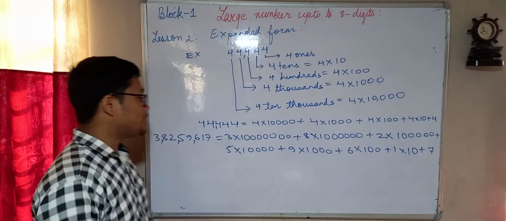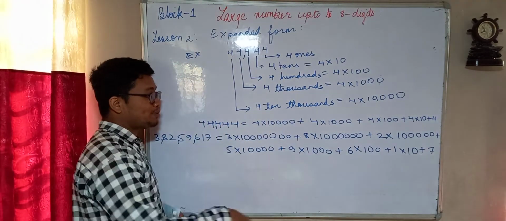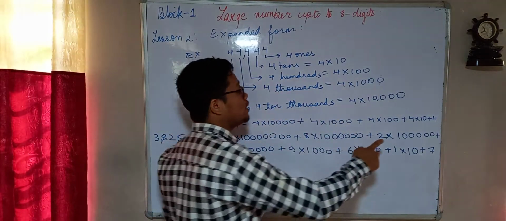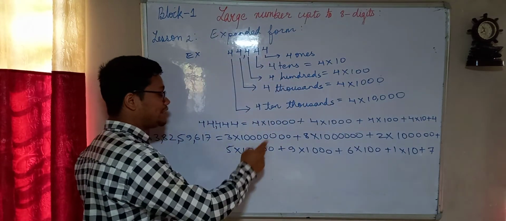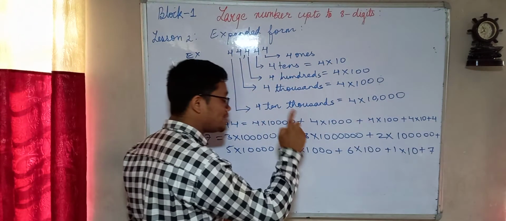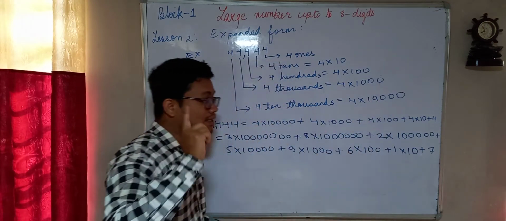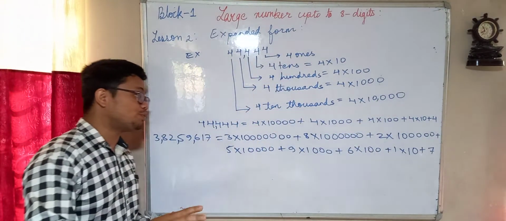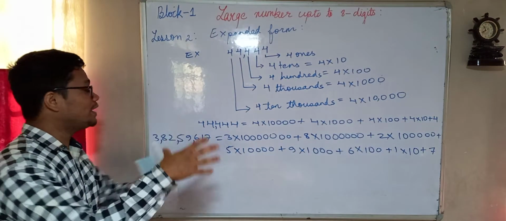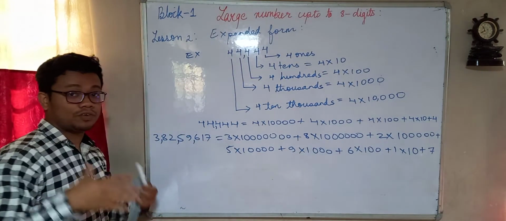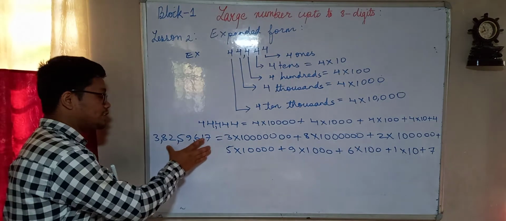That means you have 3 times 1 crore rupees, 8 times 10 lakh rupees, 2 times 1 lakh rupees, 5 times 10,000 rupees, 9 times 1000 rupees, 6 times 100 rupees, and 1 times 10 rupees and 7 rupees. All together, if you add them, that will result in the money which is over here.